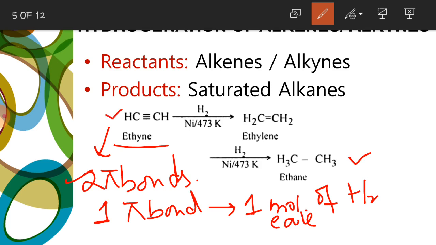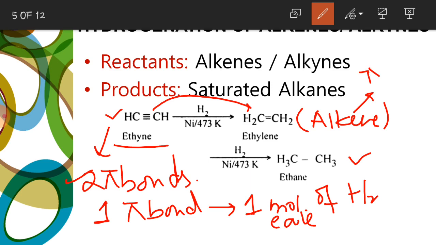So when the hydrogenation of ethyne happens, it first gets converted into an alkene. When one of the pi bonds in an alkyne breaks and the hydrogen adds across it, then that alkyne gets converted into an alkene first. Now this alkene still contains one pi bond.